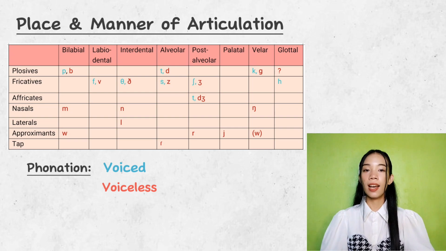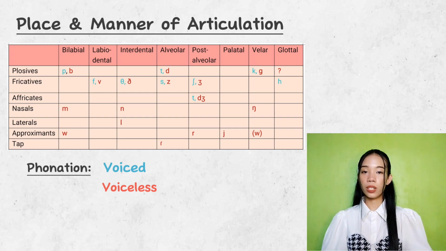And finally, I thought you might find this table really helpful. Here, you have all the consonant sounds of English in a chart showing the place and manner of articulation. So on the left, you can see the manner that we've just gone over: plosives, fricatives, affricates, nasals, laterals, and approximants.